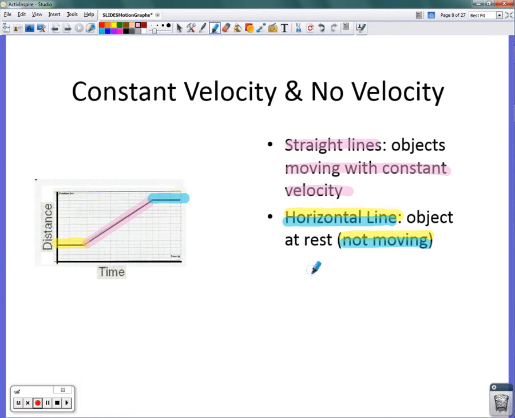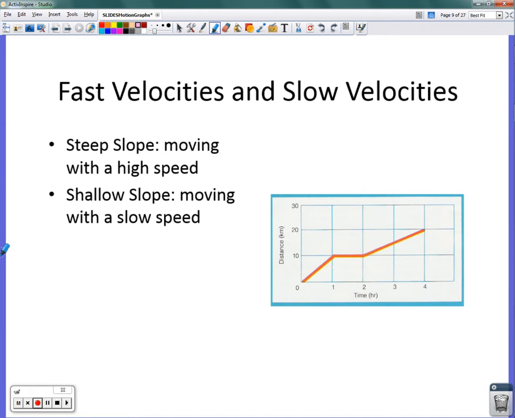All right? So there's our first two examples of applying the idea that the slope of a graph can tell us something about the motion. So let's take a look at another picture. Again, we have three distinct sections here. We have this section here at the beginning that I've labeled yellow.